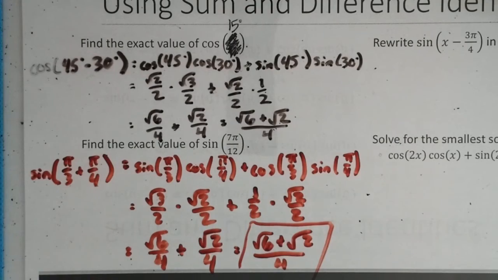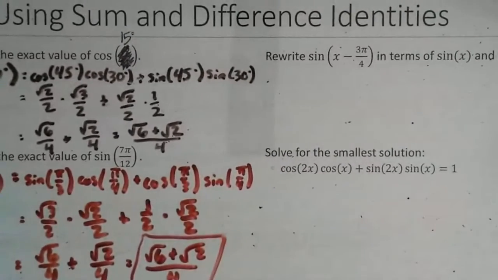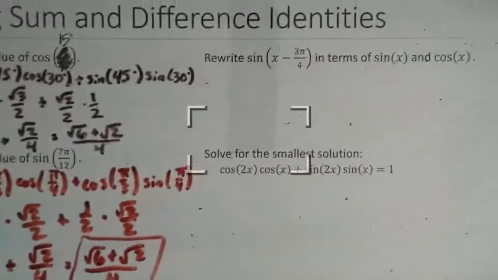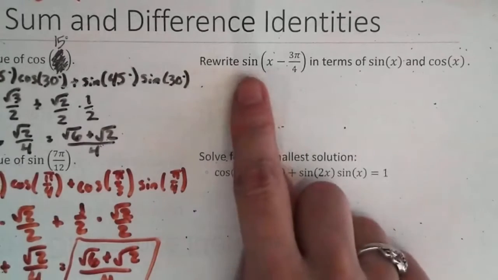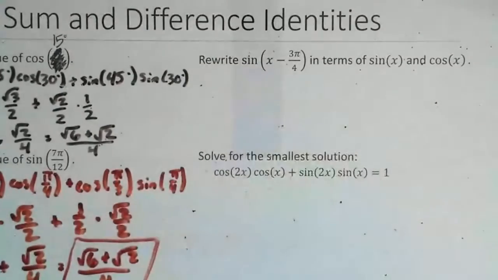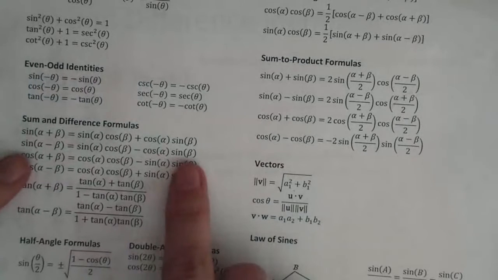Next up, we are trying to rewrite the sine of x minus 3 pi over 4 in terms of sine of x and cosine of x. So it looks like I have the sine of two angles that are subtracted. That's going to be my second formula here. Sine cosine minus cosine sine.